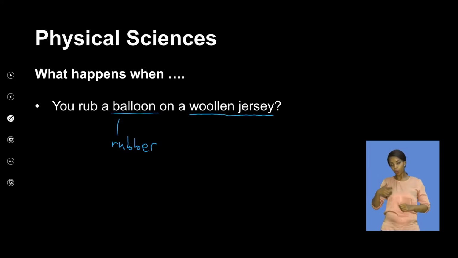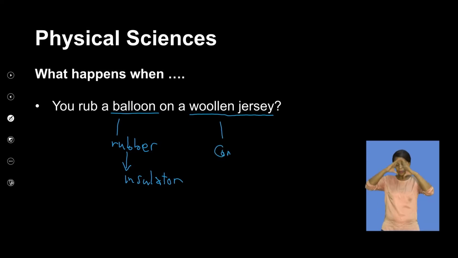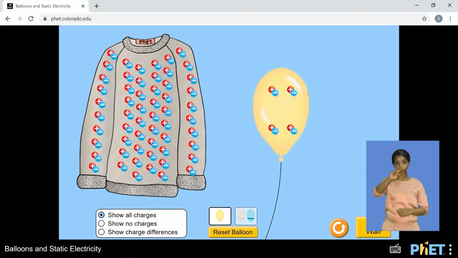Rubber is an insulator, and the woolen jersey is an electrical conductor. If these two are rubbed against each other, we've got a scenario here that I just want us to look at. Here's a typical example of a balloon.